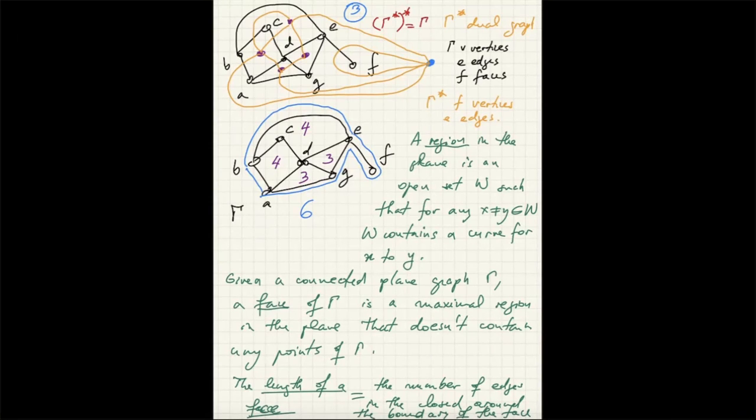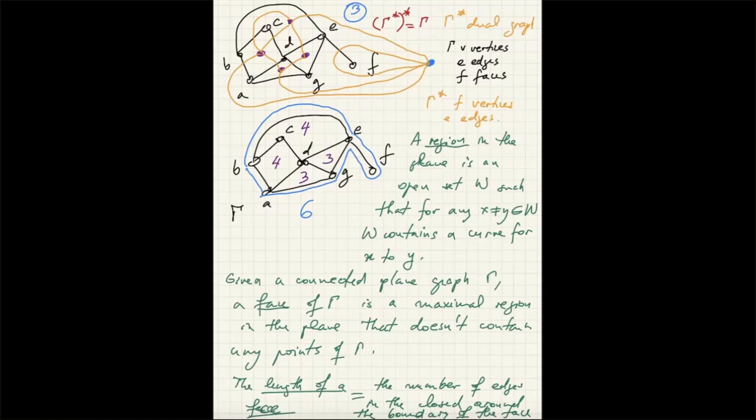So now let's deal with the faces and take a couple more examples. We can do a calculation here. For the graph gamma, the number of vertices is what?